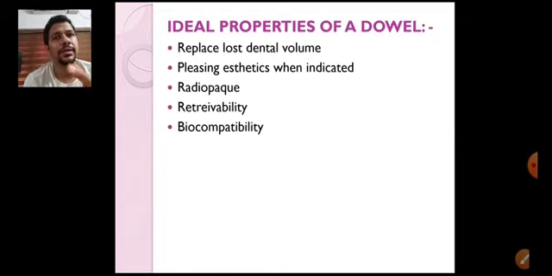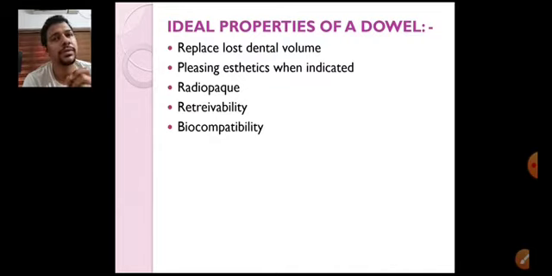But remember, if you are not sure about something in post and core, don't give a metal post and core, because once you have cemented a metal post, it's kind of impossible to retrieve it by any means. If you try to take it out by pulling it, it may end up in extraction of that particular tooth.